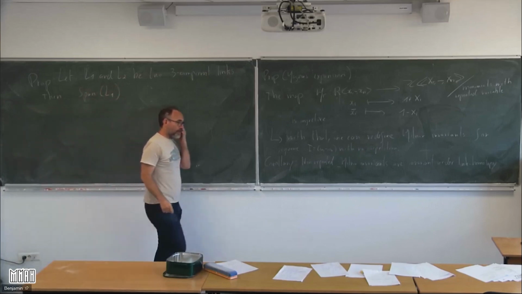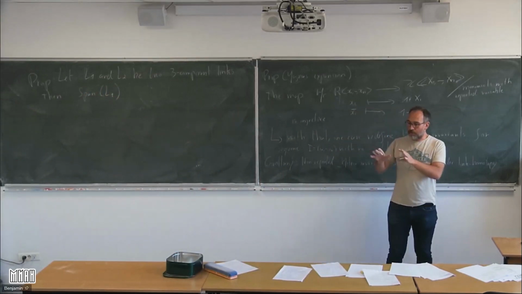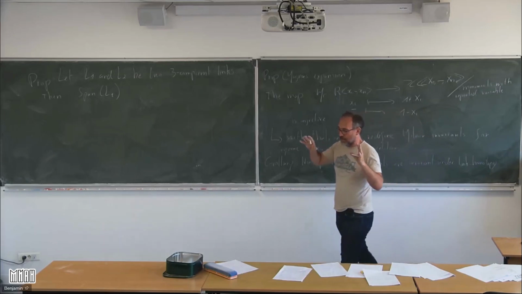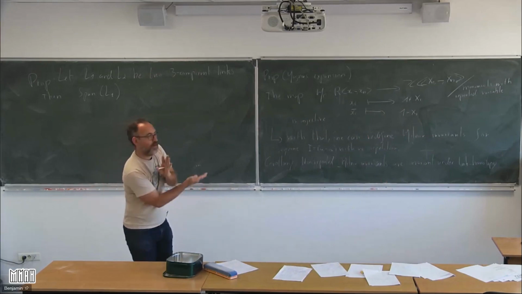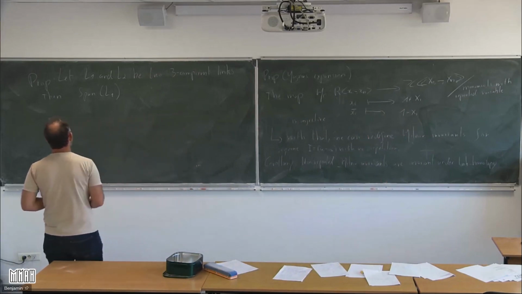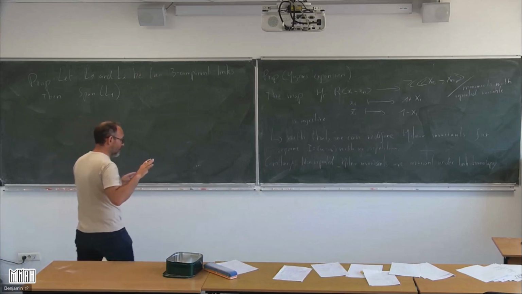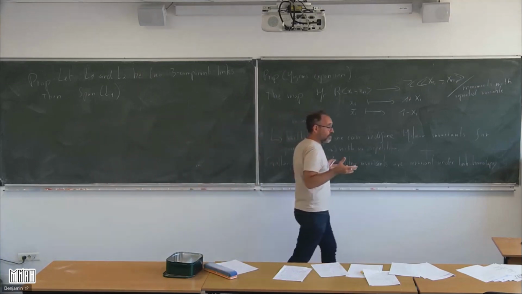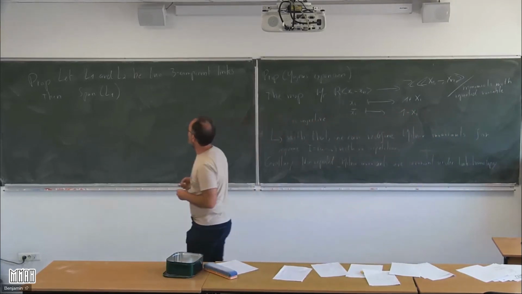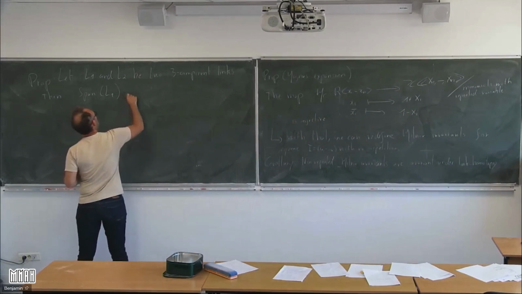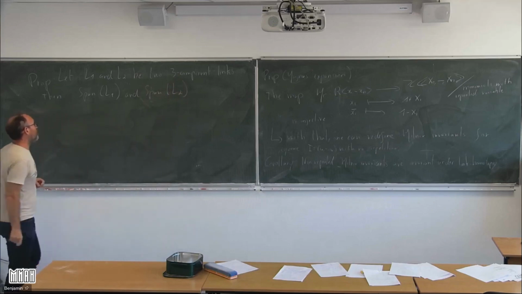Then I can take the span of the link. The span is just you consider your link in R3 inside S4, and you make a rotation around one plane of your R3. This will give you a knotted tori in S4. So this is the span of L1. You can do the same for L2.